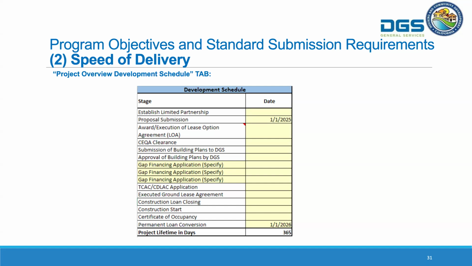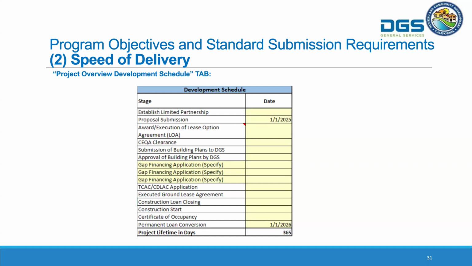However, we do encourage you to set up any limited partnerships early in the process, as it will streamline our reviews and site control documentation and ultimately the execution of the ground lease. But it's not required to submit your application.